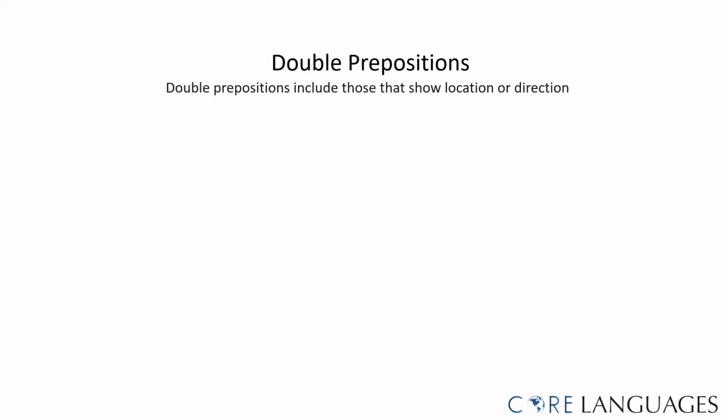Here are examples of double prepositions. Double prepositions are made of two prepositions in one. They can be used to show location as well, or direction. For example, into, onto, out of, upon, up to.